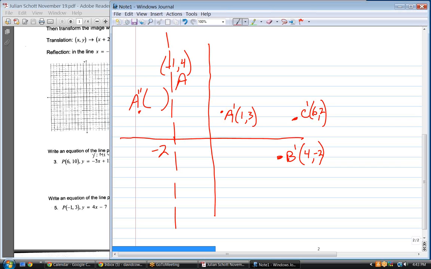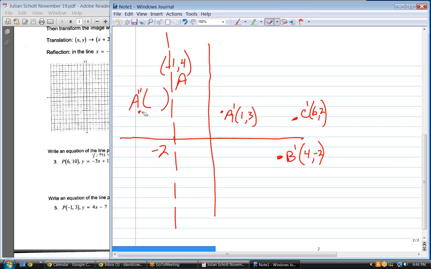How far away is it from the dotted line, the x-coordinate of A prime? 4. It's 3, isn't it? In other words, it's 2 to get to there, and then 1 more to get to there. So we need it to be 3 units to the left of the dotted line.